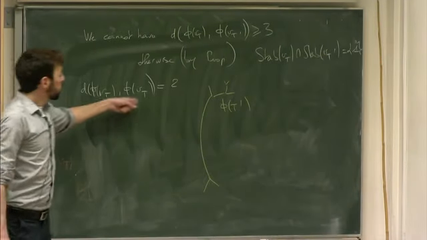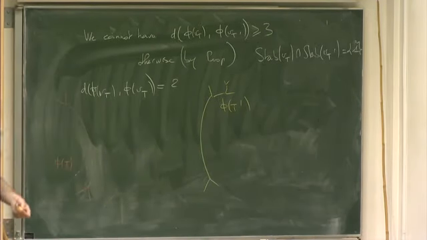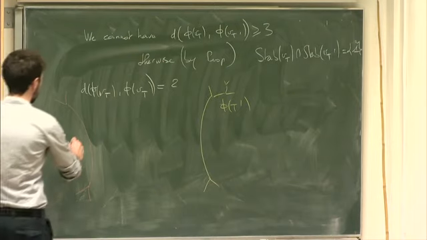And so they are at distance 2, which means that they do not intersect, but there's a common wall tree that crosses them both.